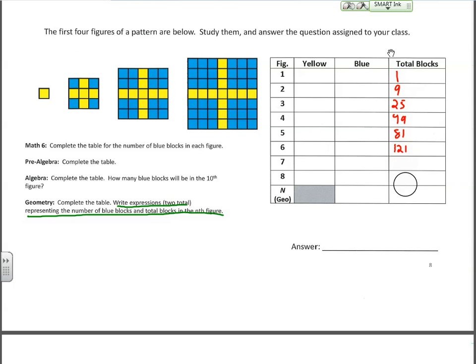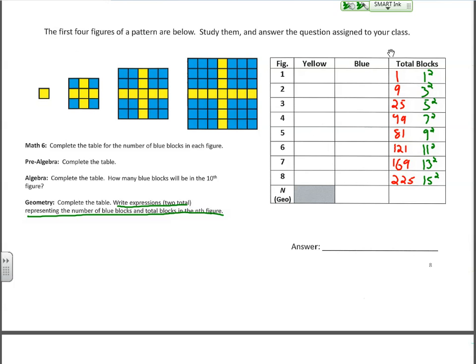Whoops. Too bad I don't know how to edit these things. 169 and then 225. Okay, and what we noticed here was that these all being the odd perfect squares, to get to 1, we take 1 squared, then 3 squared, 5 squared, 7 squared, 9 squared, and so on and so forth.